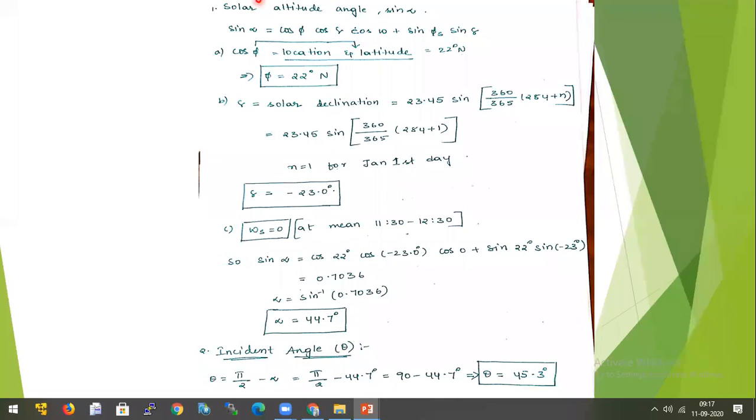So for the solar altitude angle, sine alpha, what is the formula? Sine alpha equals cos phi, cos xi, cos omega plus cos phi s, sine xi. Here phi s means phi only. We have to find cos phi, cos xi, cos omega, that is the values of phi, xi, omega, and then take cos or sine to get the value. First I find phi, which is nothing but the location latitude, where the place is located.